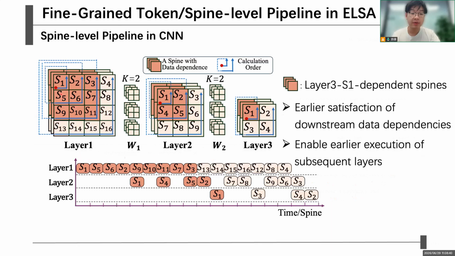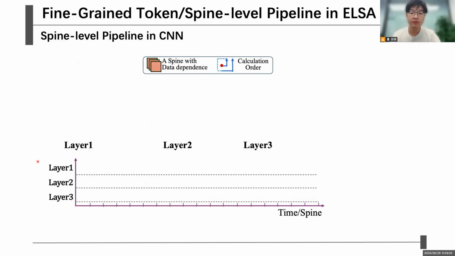So we compute these spines first to satisfy the data dependence of S1 in layer 2 as early as possible. Therefore, the spine-level pipeline calculates the spines in a specific order, as shown by the blue arrows in the figure. The detailed computation order is shown in the slide.